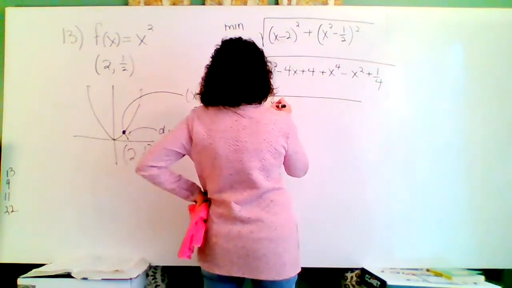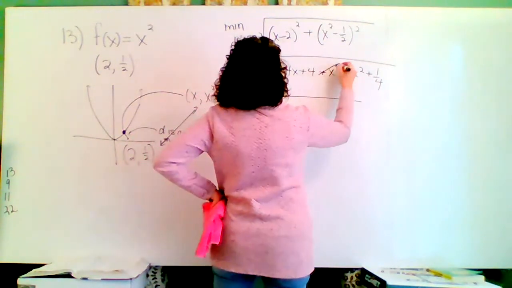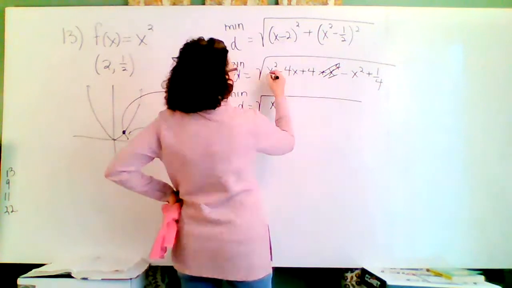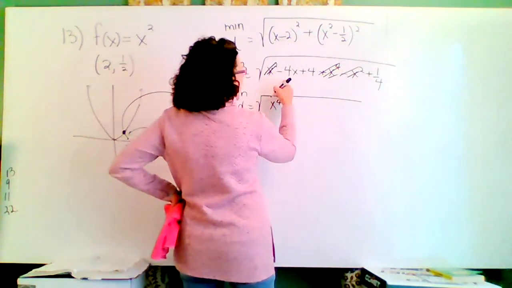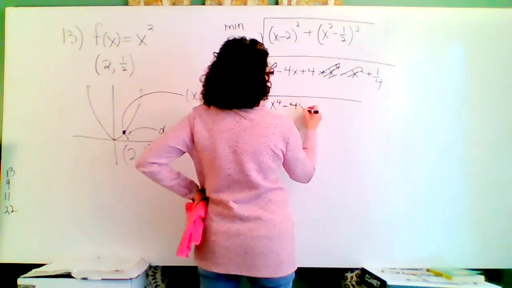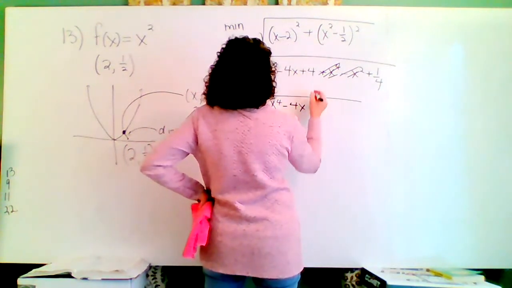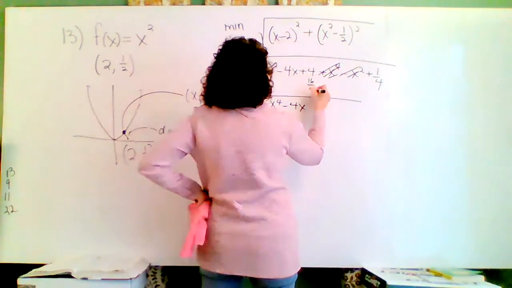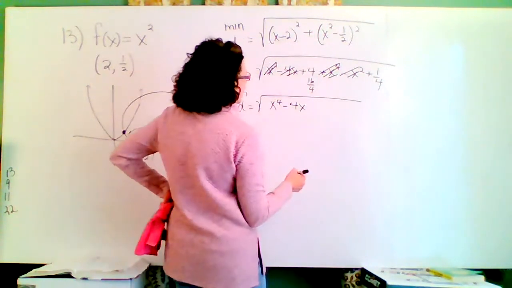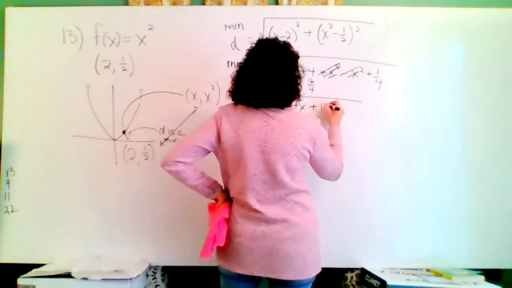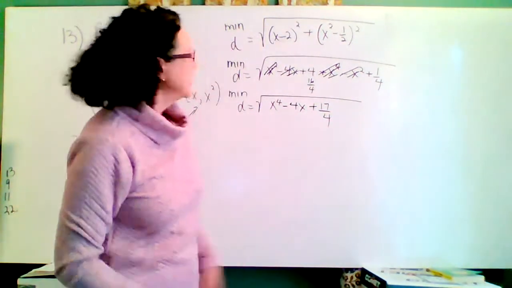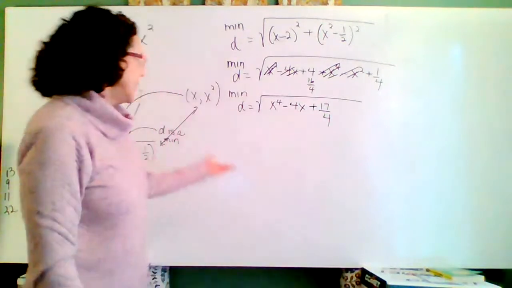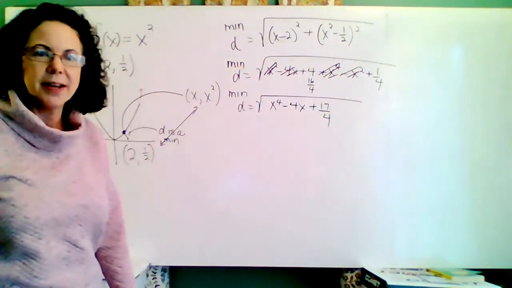This is going to be an x to the 4th, right? Got that. Plus x squared minus x squared is gone, right? Minus 4x. And 4 and a 4th. Wow, they did make this hard, right? I'm going to call that 16 fourths plus 1/4, plus 17 fourths. Okay. So I finally wrote the distance formula here with these points as best as I could.